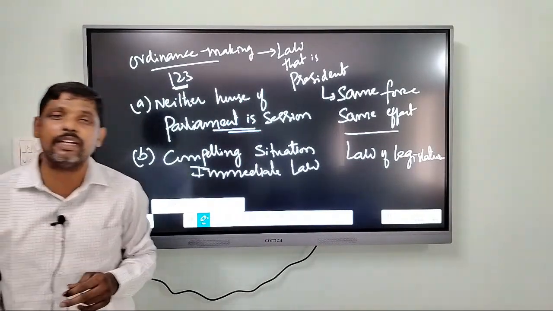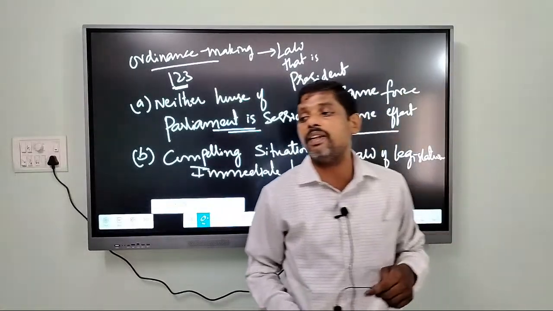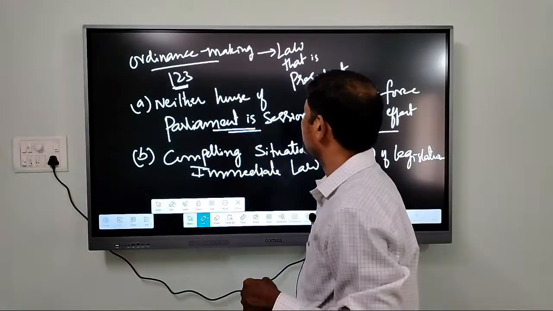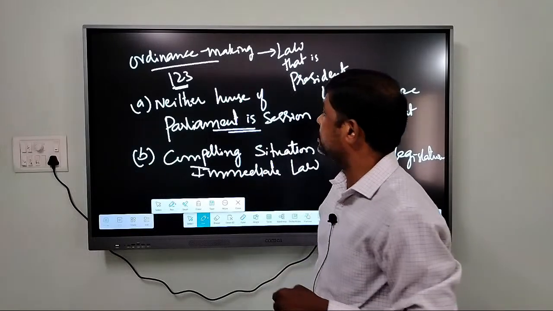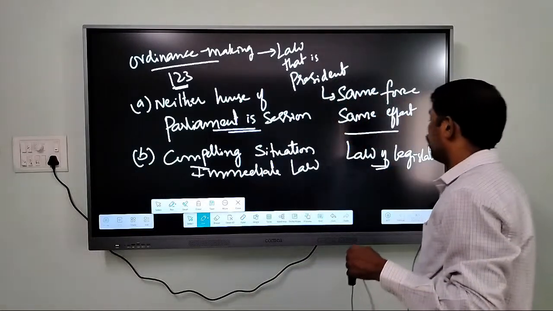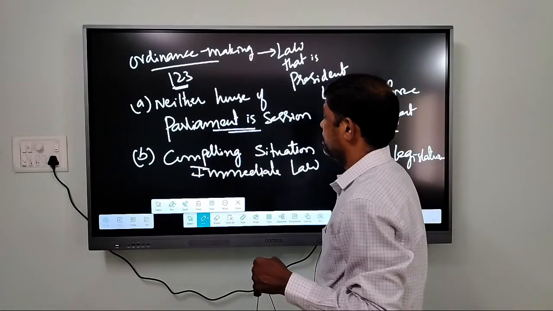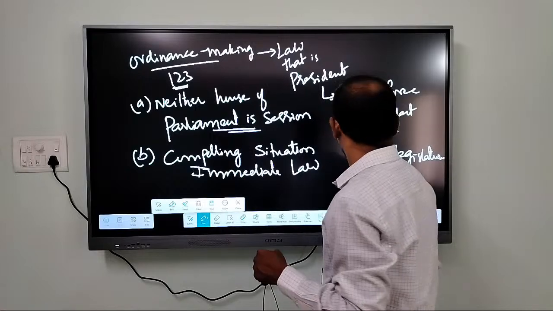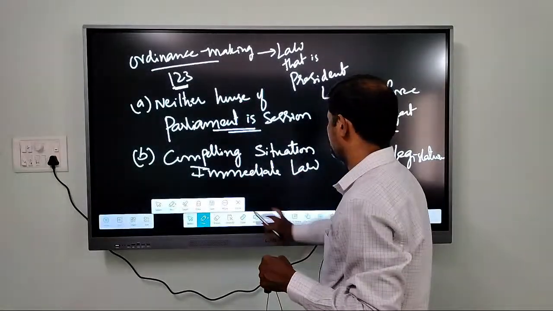So President of India can issue the ordinance only when there are satisfactory grounds or satisfactory conditions, right? So remember this point.